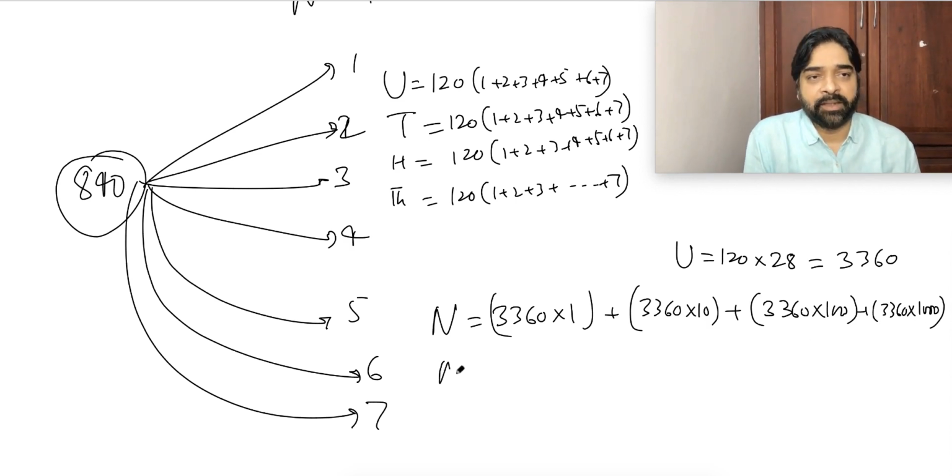Did you understand? 3360 I can take common, and what will come in the bracket? 1 plus 10 plus 100 plus 1000, that means 1111.